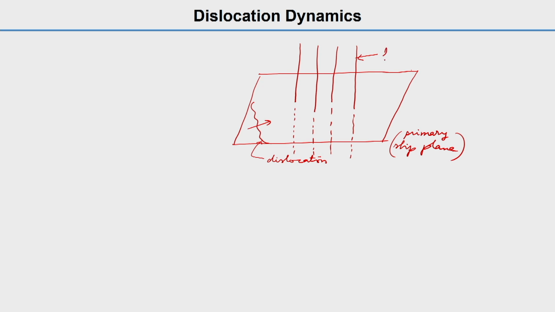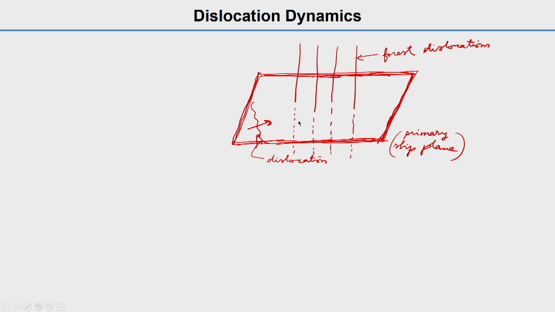These are called forest dislocations, and these dislocations are perpendicular to the slip plane. So you have this slip plane, I am trying to thicken the line, and the direction the dislocation is moving is the slip direction.